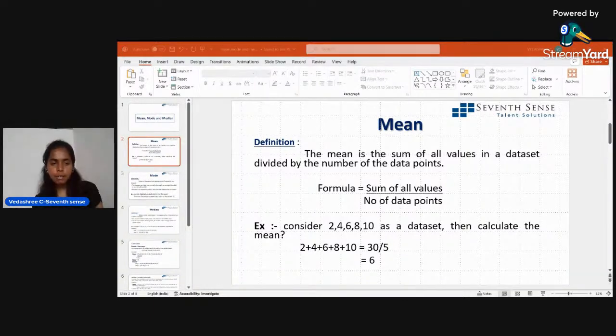By calculating the sum of all values divided by the total number of values. For calculating mean, the same formula is used. If we consider an example, 2, 4, 6, 8, and 10, to calculate the mean we use the same formula, sum of all values divided by the number of data points. So this is nothing but mean, just calculating the average.